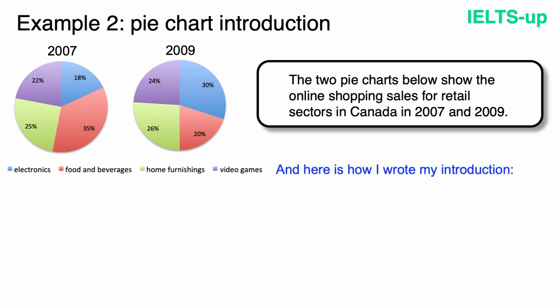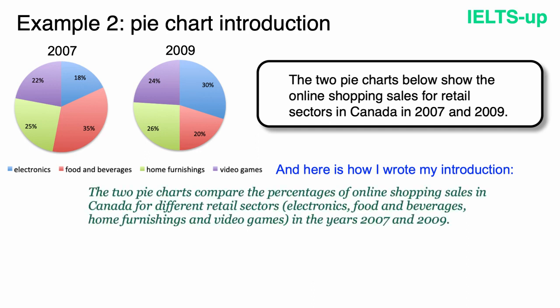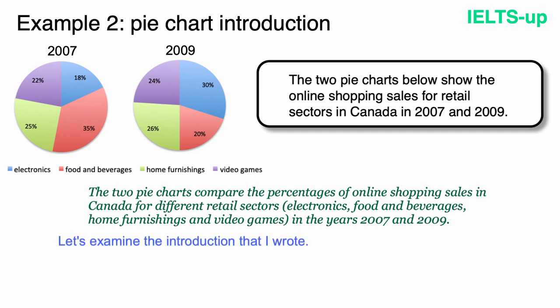And here's how I wrote my introduction. The two pie charts compare the percentages of online shopping sales in Canada for different retail sectors: electronics, food and beverages, home furnishings, and video games in the years 2007 and 2009. Alright, let's examine the introduction that I wrote.